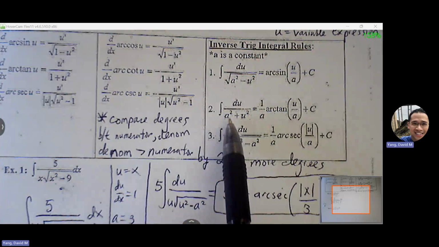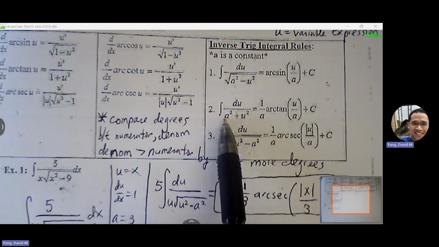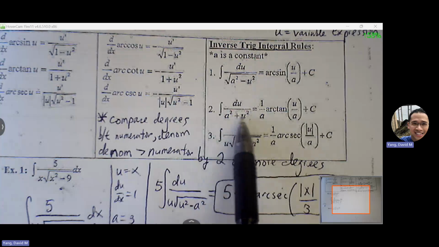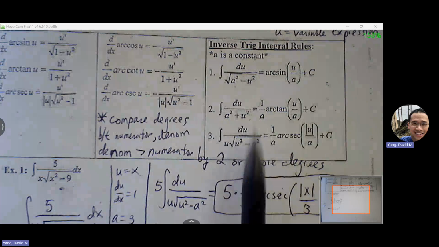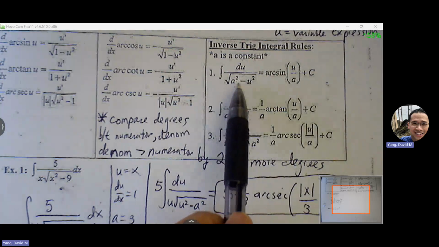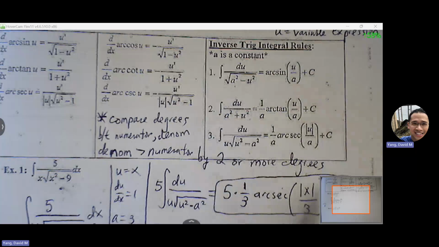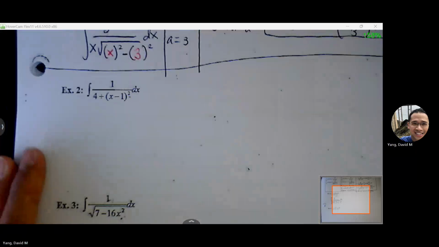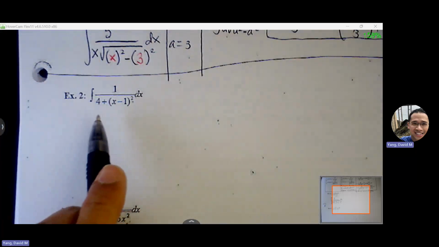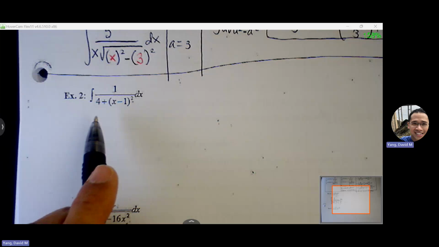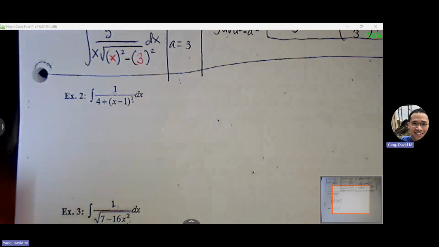Now with arctangent, the a and u can flip-flop: the constant can come first or the variable can come first. It doesn't really matter. I think the a and u is only going to matter in terms of the order for arcsine and arcsecant because one has to be positive and the other one has to be negative. So you know that your constant is going to be related to your a, and whatever has a variable in it is going to be related to your u.